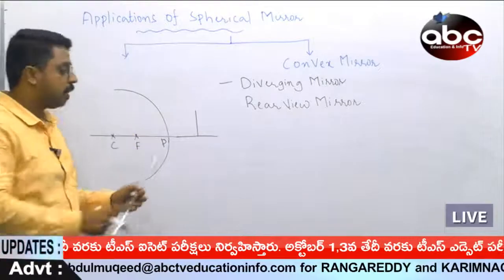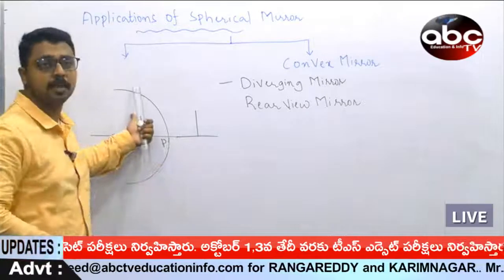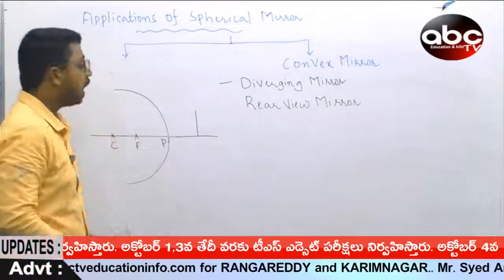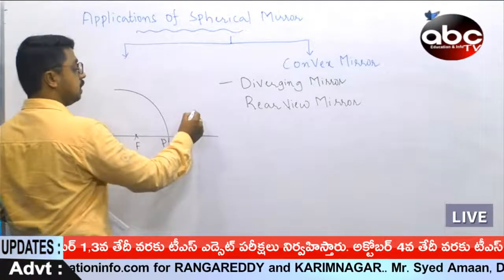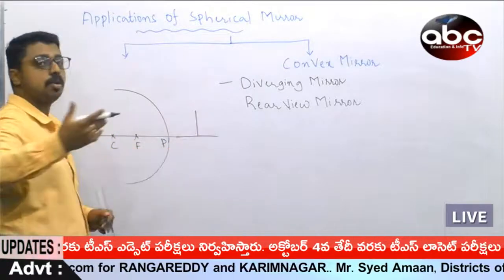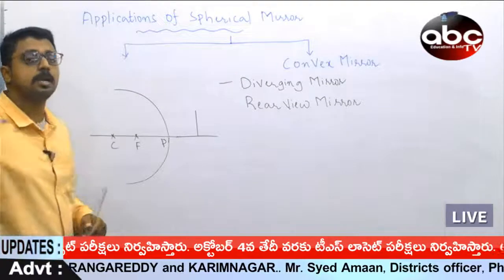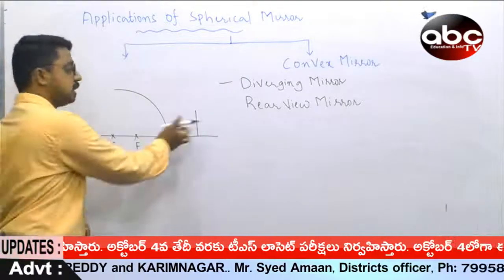Let us say we are driving like this. This is my left mirror. The object is some automobile or car or bike or cycle. How should I see this?